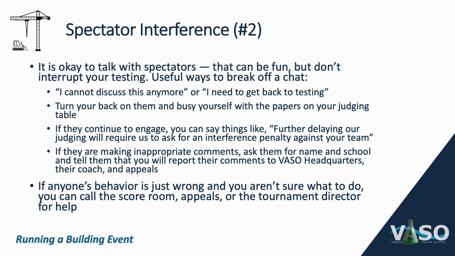If anyone's behavior is just wrong and you aren't sure what to do, you're going to have some phone numbers on your packet. You can call the score room, appeals, or the tournament director for help, all right? But again, most spectators are excited and eager and just are very happy to be there and see the wonderful thing the kids are doing.